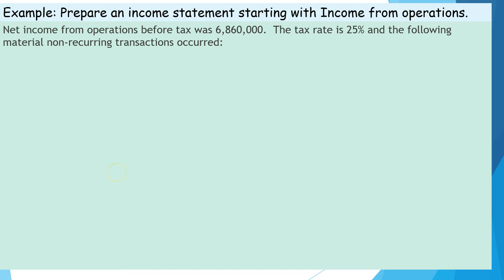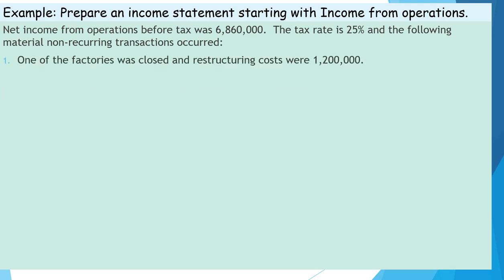Now let's look at an example. Now, we have net income from operations before tax of $6,860,000. The tax rate's 25%, and we've had the following material non-recurring transactions. First, one of the factories was closed and restructuring costs were $1.2 million. Now, you would think those would be part of other, but they're not.